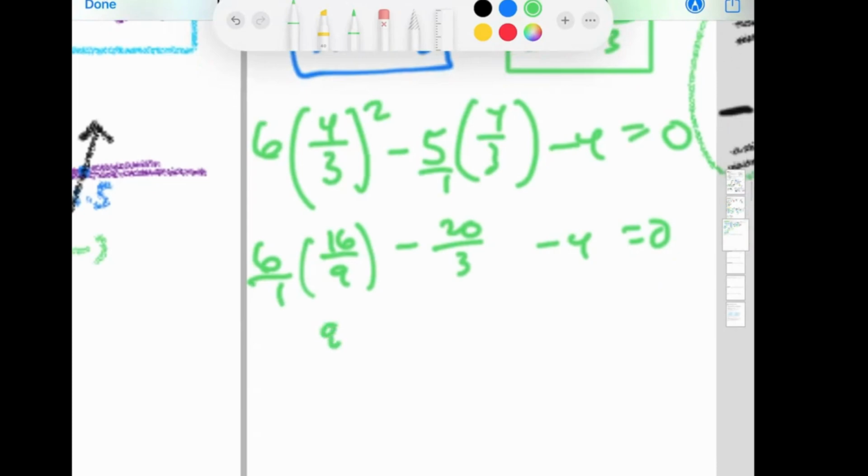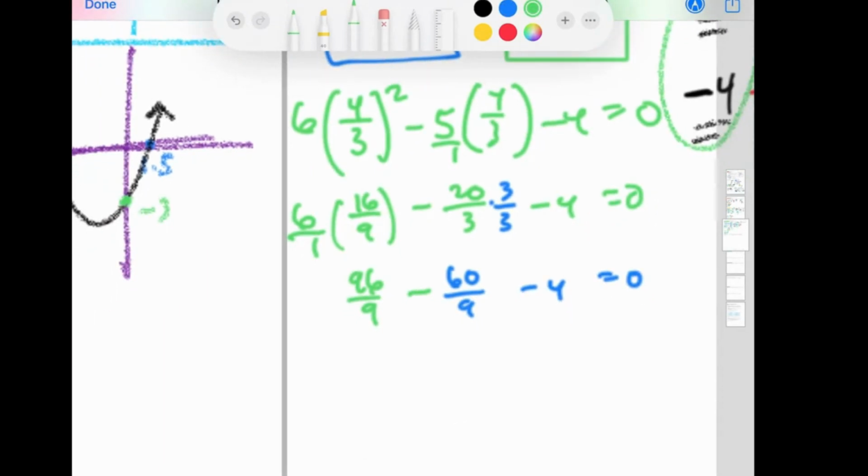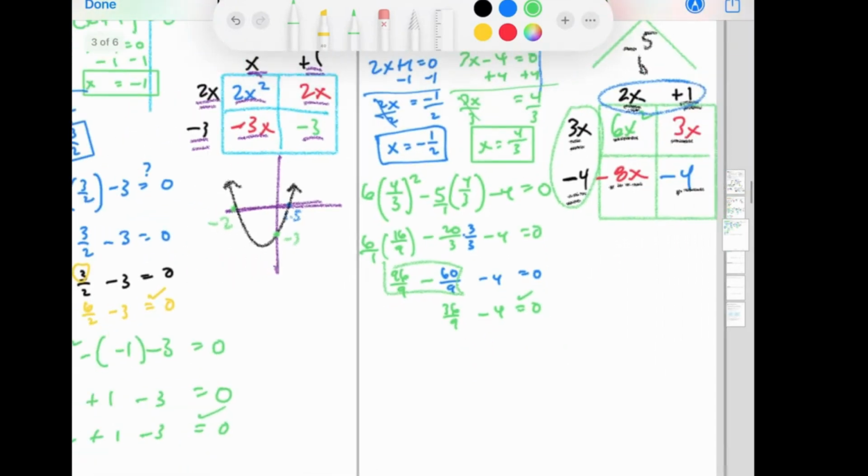So I got 96 over 9 minus, I'm going to make an equivalent fraction to be 60 over 9. Do you guys know why I did that? I did that because I want to subtract these two. So that'll give me 96 minus 60 is 36. And 36 divided by 9 is 4, and 4 minus 4 is 0. So that matches. Okay?